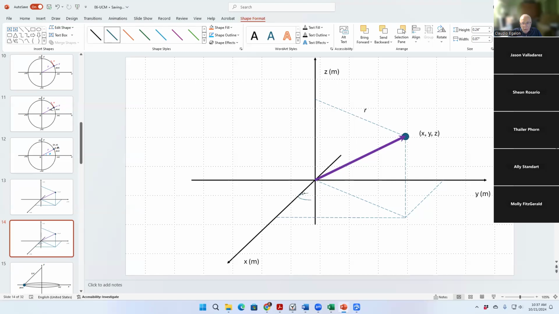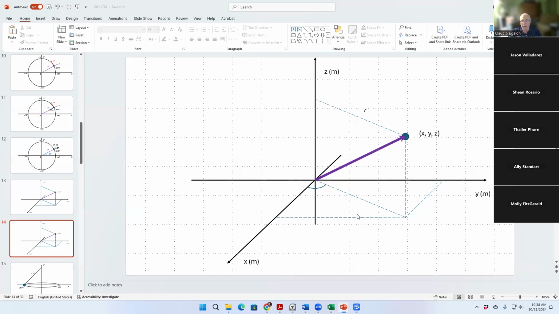Like that. A little bit odd, right? That would be the theta, the theta coordinate.